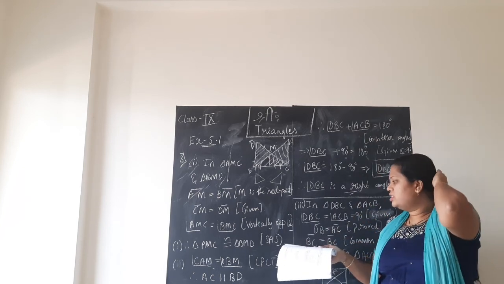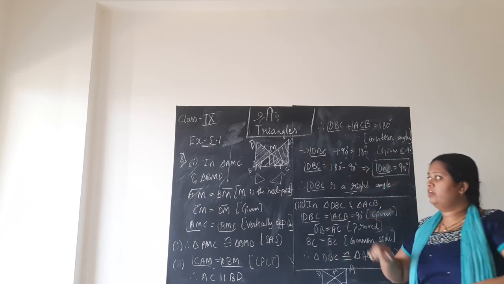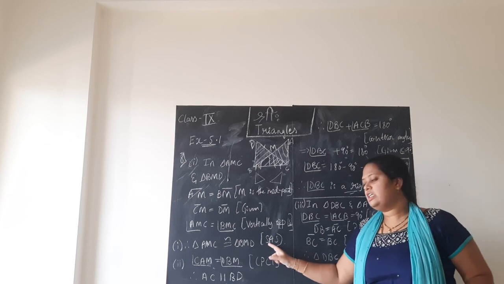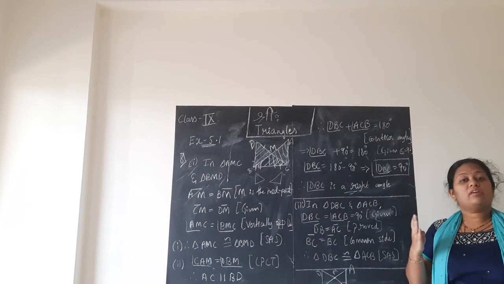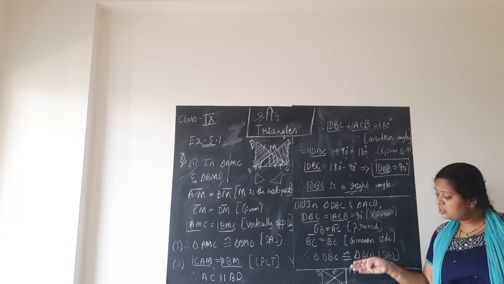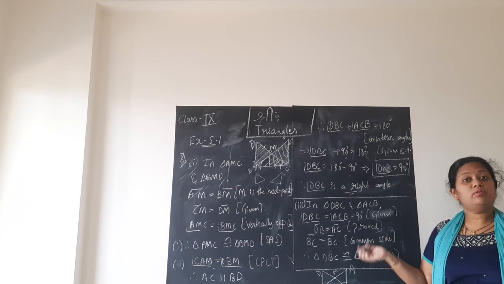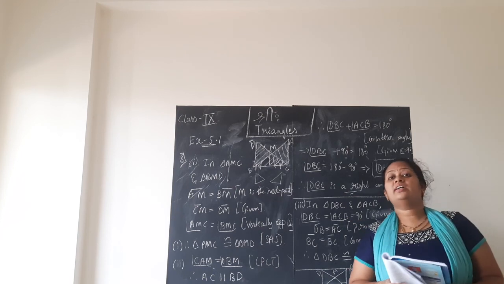You need not use the same method to solve. I am not compelling you to do it the same way. If you prove it using ASA, I won't say the whole problem is wrong. No, I won't do that. But go according to the concept and apply in your own way and try to solve. You may do it still more simply than I am explaining. Of course, your ideas are welcome.